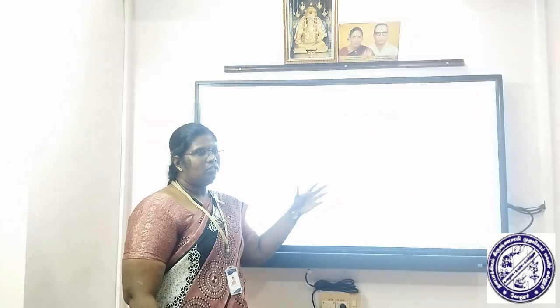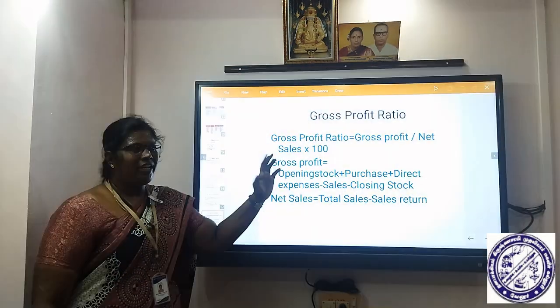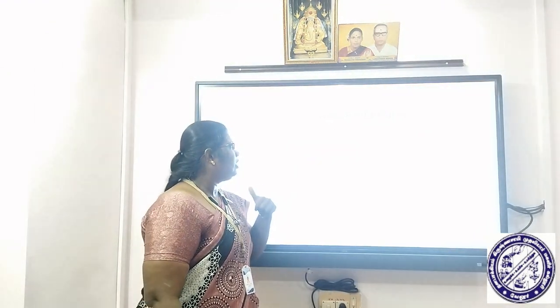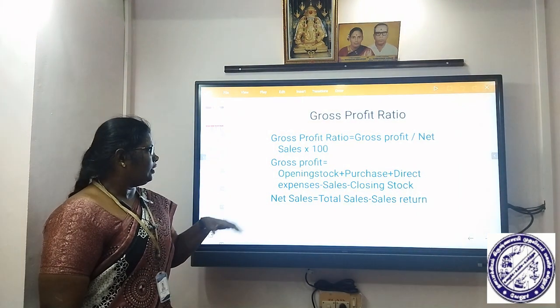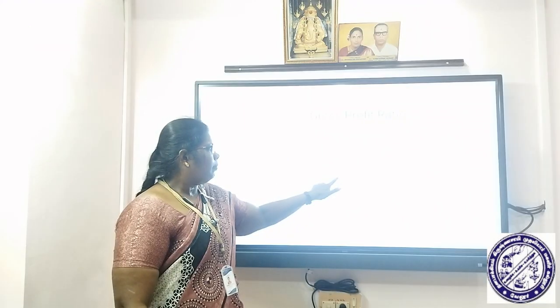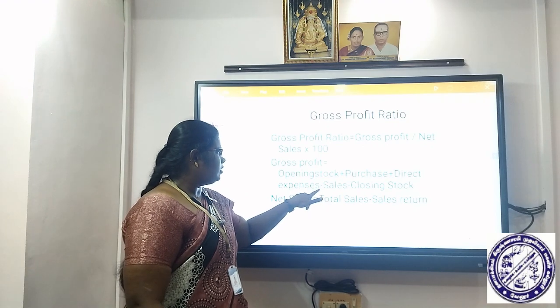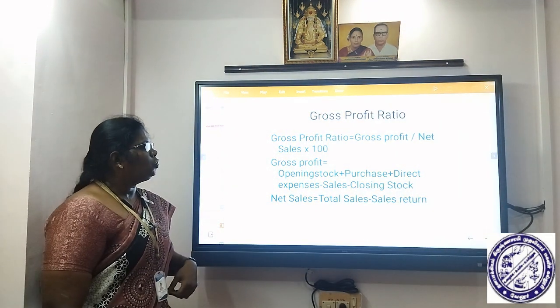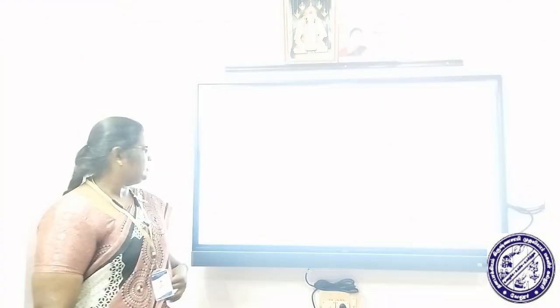You take the difference between the debit and credit side, and that balance is gross profit. For the gross profit ratio, you find gross profit divided by net sales into 100. Gross profit is equal to opening stock plus purchases plus direct expenses, less sales, less closing stock. Net sales is equal to total sales minus sales return.